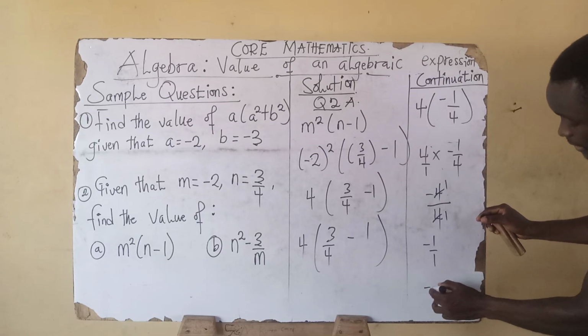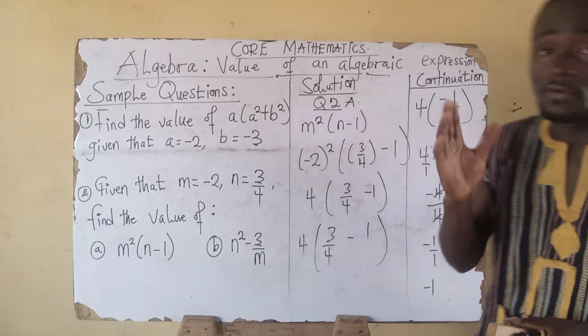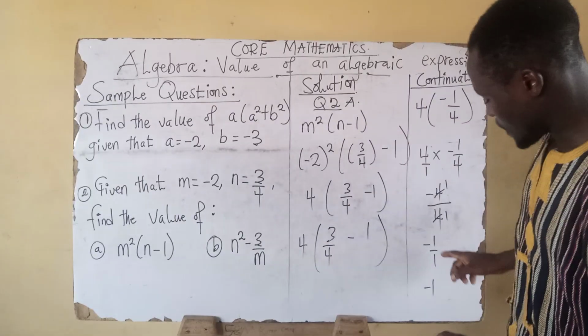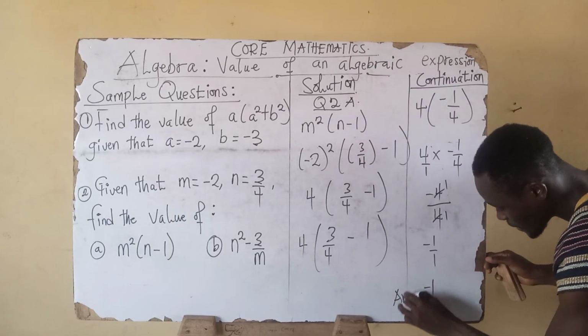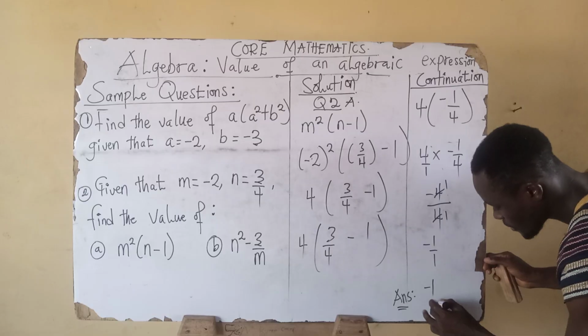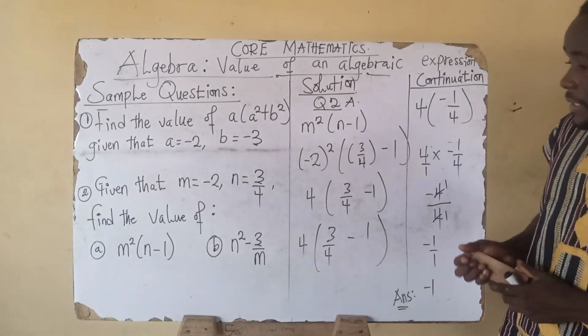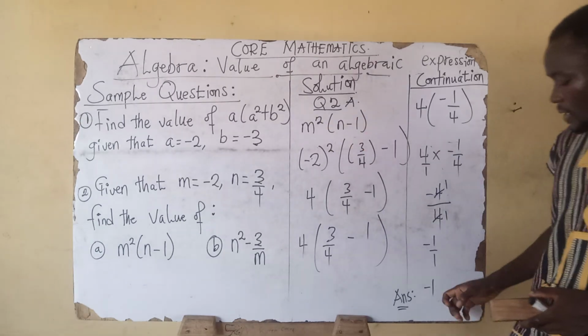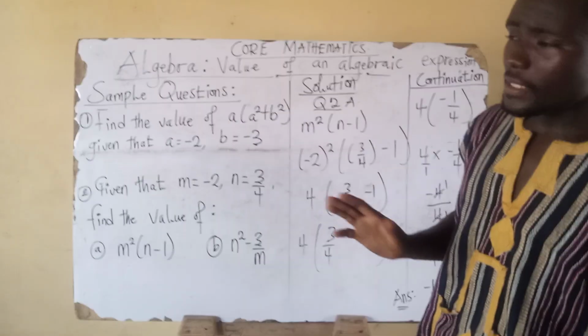For my final answer, any number over 1 is the number itself. So negative 1 over 1 is the same as what? Negative 1. So my answer becomes negative 1. Are you good? Yes. Good. So after solving this, we get this as our final answer. I believe you understand. Very good.